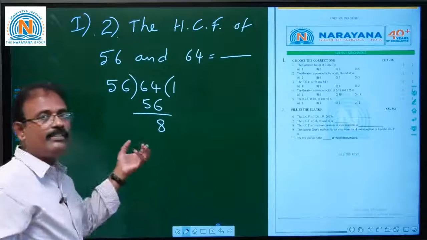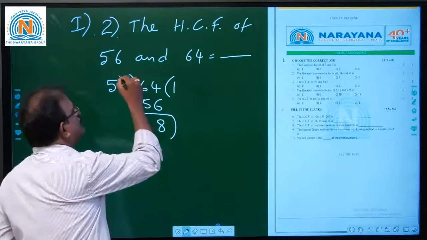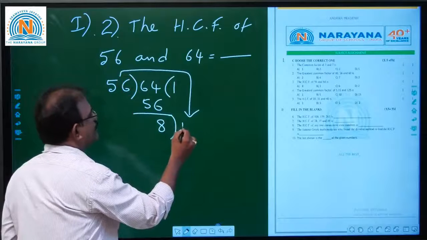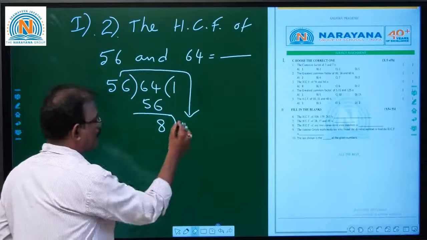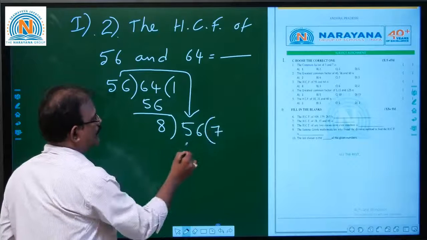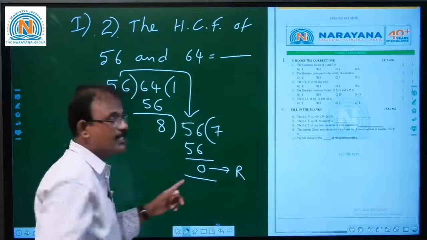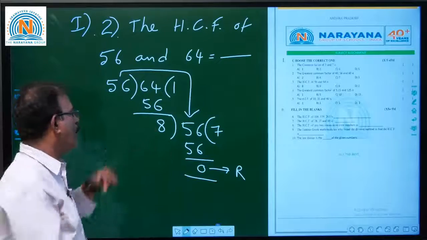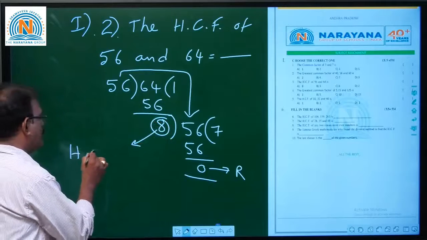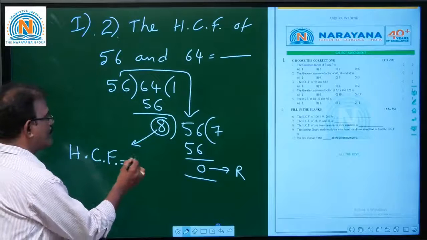So by doing division method, what is the process here, children? Here the divisor takes place as dividend. So it is how many times? 7 times. So whenever you get no remainder, meaning 0 as remainder, the last divisor is taken as the HCF.